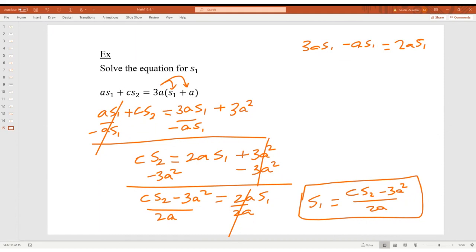We said instead of subtracting AS1, I would divide by AS1. But if you divide by AS1, the expression will be very complex. It doesn't simplify the expression. It has to be subtracted.